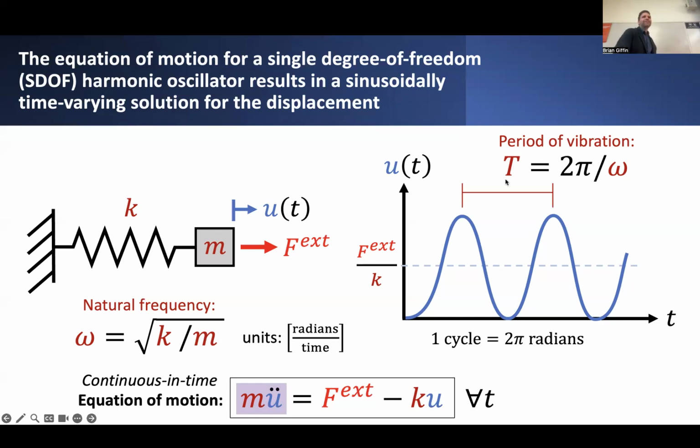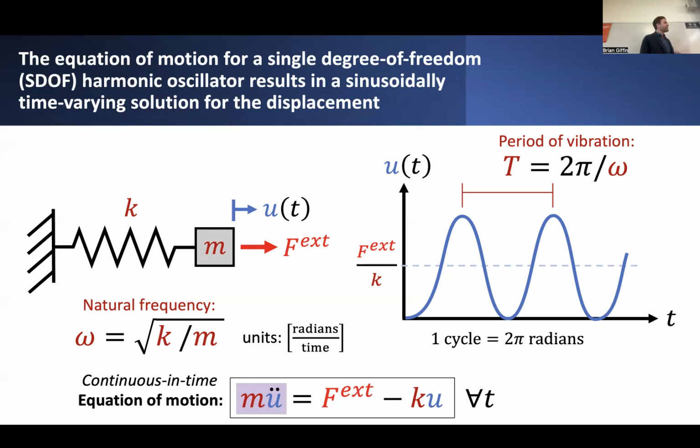And the period of vibration, or basically the distance between the peaks of this oscillatory displacement function, is directly proportional to what you might think of as the natural frequency of the structure. It's the frequency at which this spring would vibrate if you excited it by applying this force and then just let it vibrate without introducing any additional forces after that.